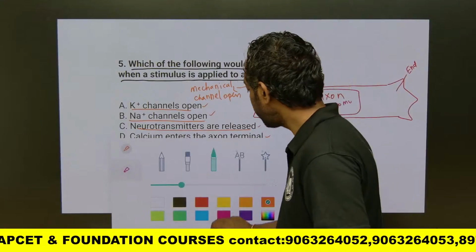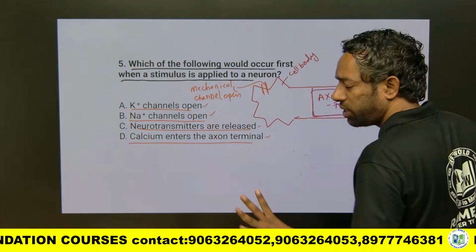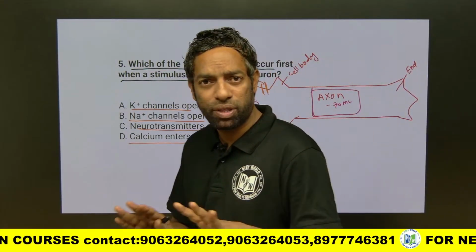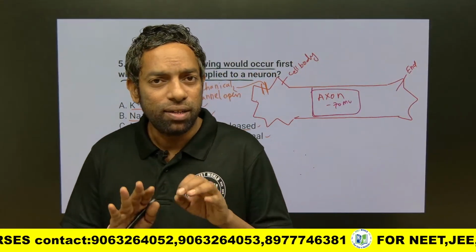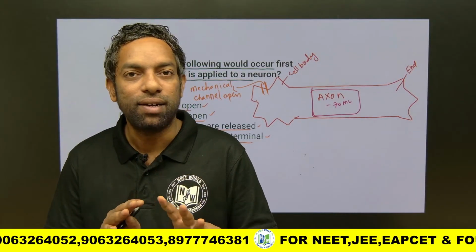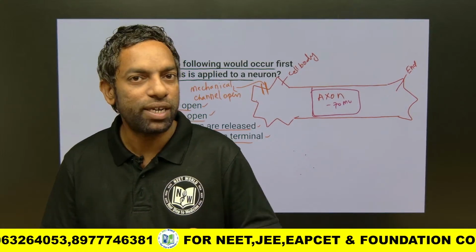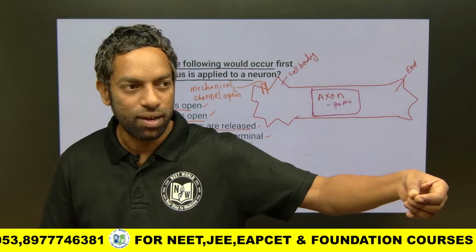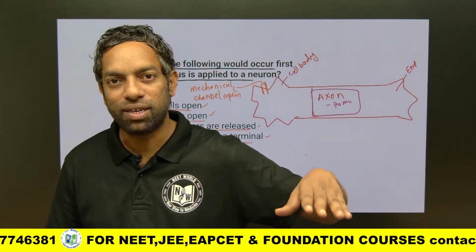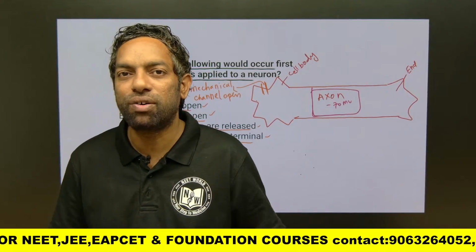If no stimulus takes place, this is the rest mode. Your neuron is in rest mode, there is no work done by the neuron. Like when your brain is sleeping, there is no signal passing, and visual signals, motor signals, the somatic and autonomic nervous system are all shut down.